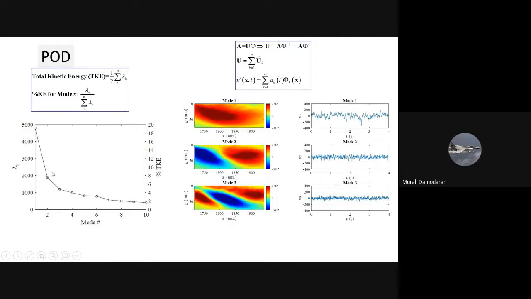Okay, so if you go and plot, there will be several modes. So what I do for a multi-mode system is I plot the eigenvalue for each mode and the energy on this axis. So I know that corresponding to each, what is the total kinetic energy. So if you look at this, the first mode will give me close to like 20% of the energy.